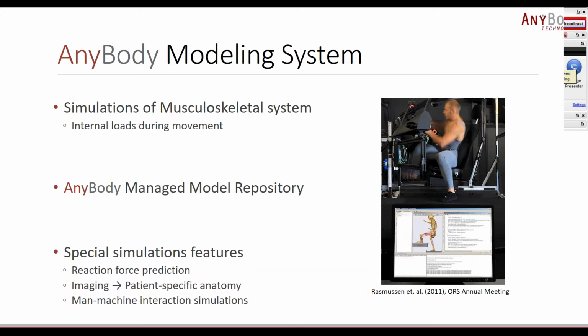There are also some special simulation features that are besides the standard features of a musculoskeletal modeling system. One example is reaction force prediction, such as ground reaction force prediction. So if you don't have force plates with your mocap system, the Anybody modeling system will estimate and predict the needed reaction forces.